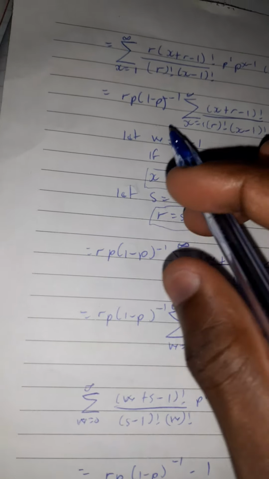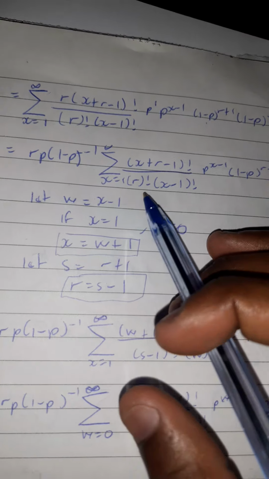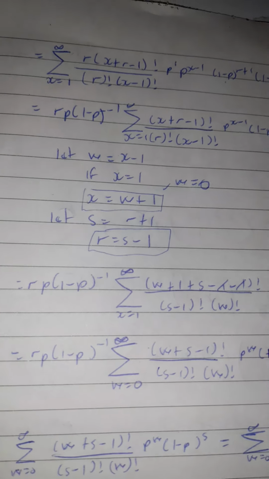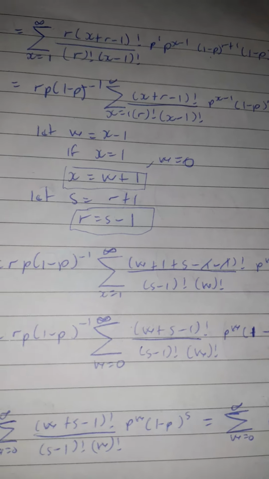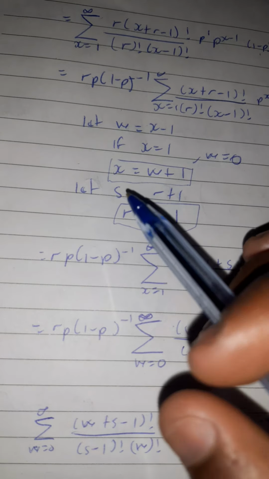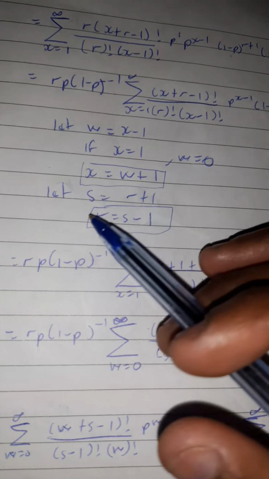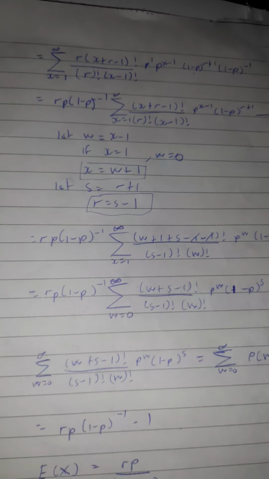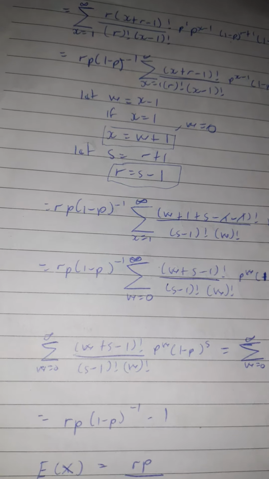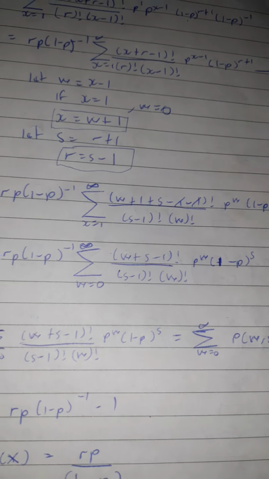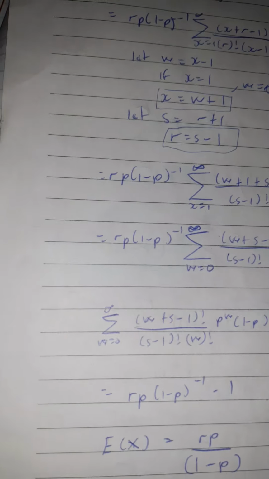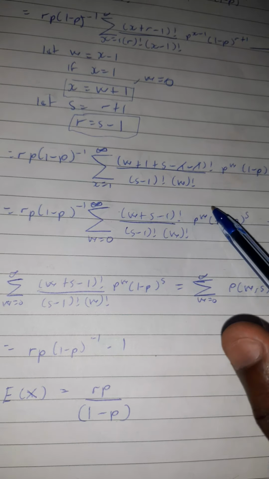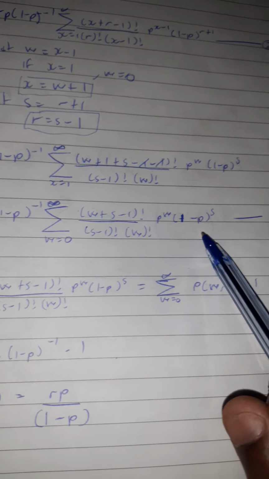Then from there we can say let w be equal to x minus 1. If x is equal to 1, w is equal to 0, then x is w plus 1. And let s equal r plus 1, which means r is equal to s minus 1, which we substitute into equation 2, which we simplify to give us equation 3.